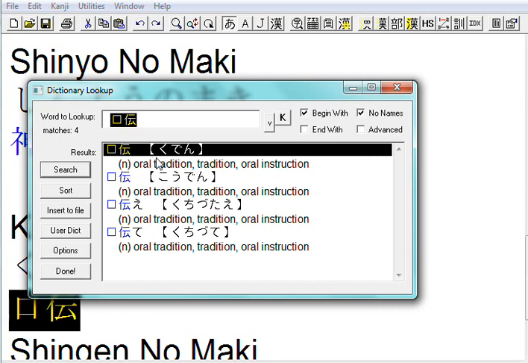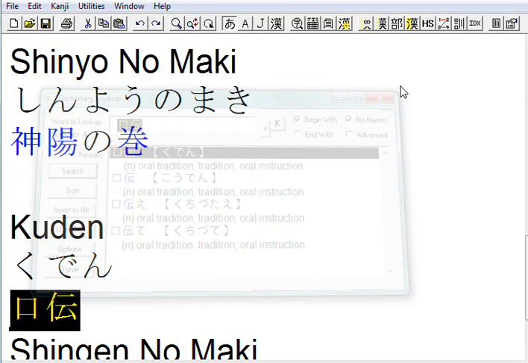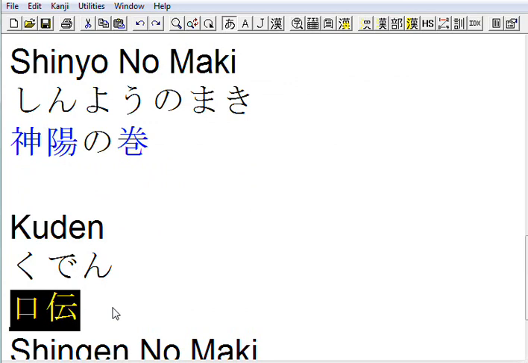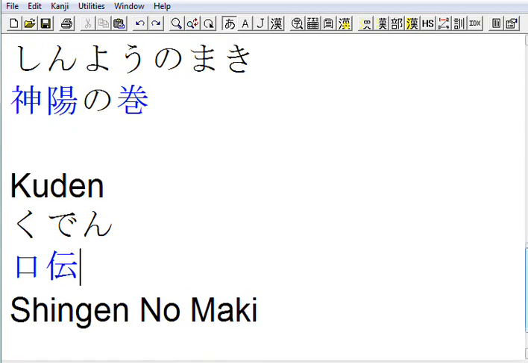Most often you'll see it as kuden, but it can also be koden, long O, koden. And this character here, this square character, means mouth. So in the tradition of our system, these are techniques that are mouth to ear only and not shared. The techniques are not shared.